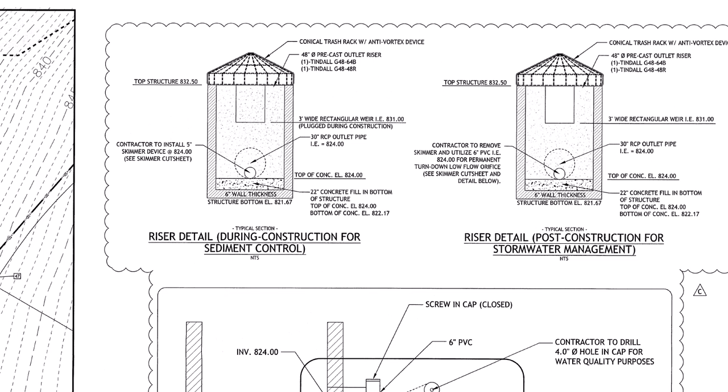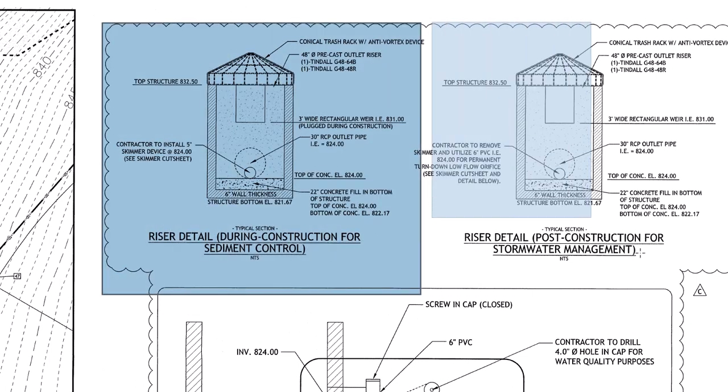Okay, so now we're looking at the detail for the calculations we were just reviewing. First thing to note is for this specific project, they have included a during construction riser detail and a post-construction riser detail.